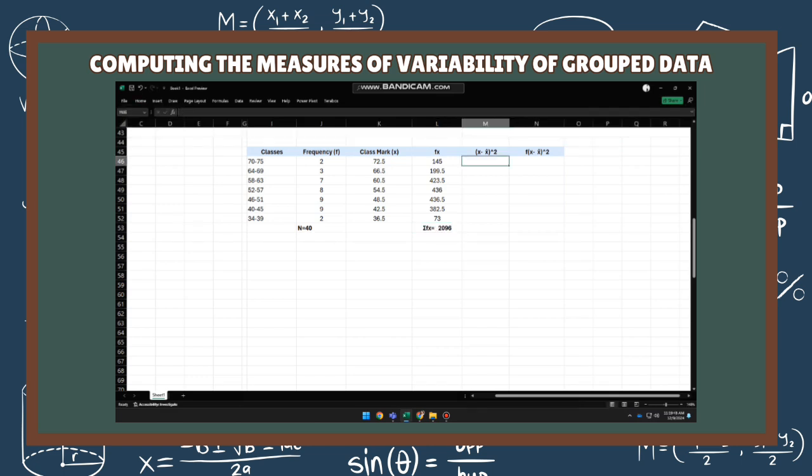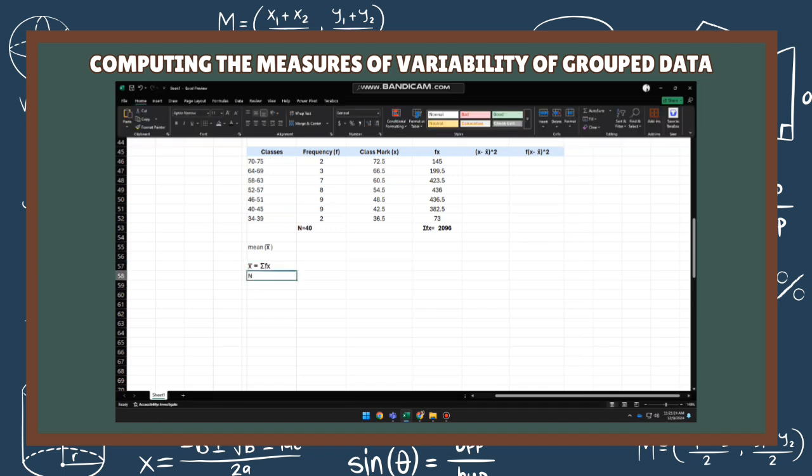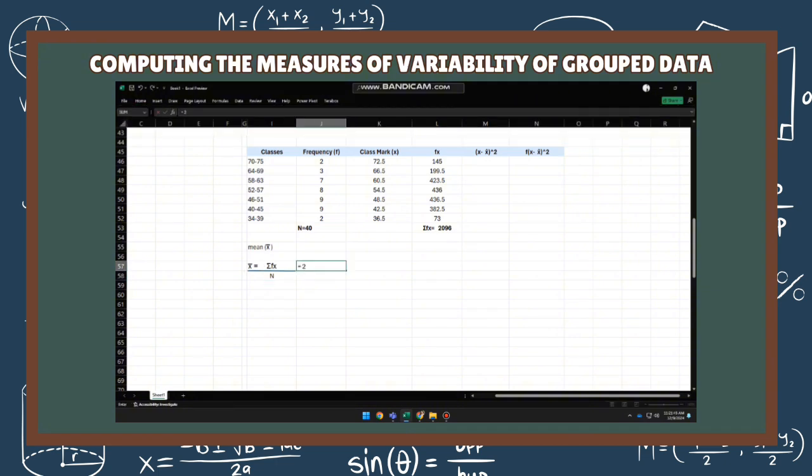So, kaya natin tinotal yung fx para makuha natin yung mean. So, to get the mean, we have mean is equal to the summation of fx over n. So, yung ating summation of fx is 2,096 over 40. So, i-divide lang natin tong dalawa.